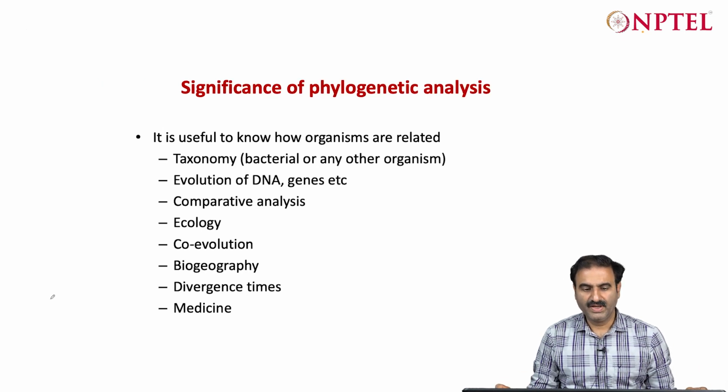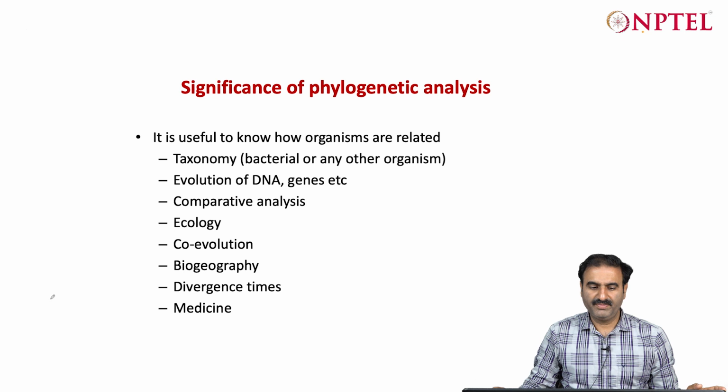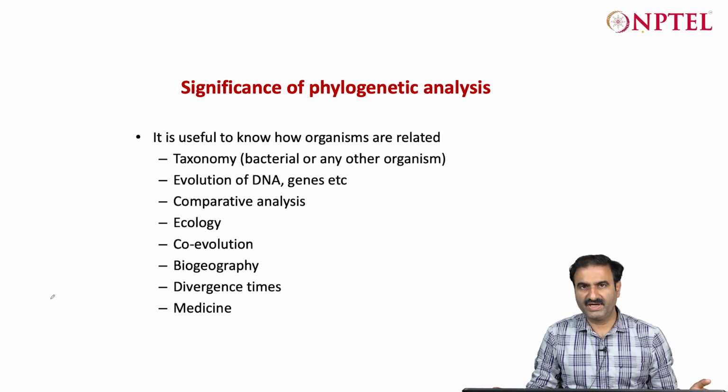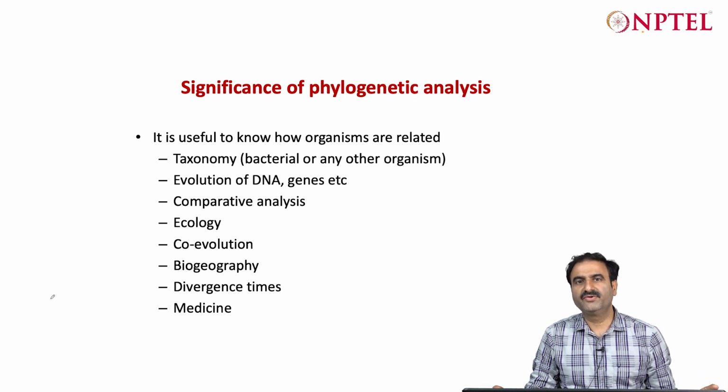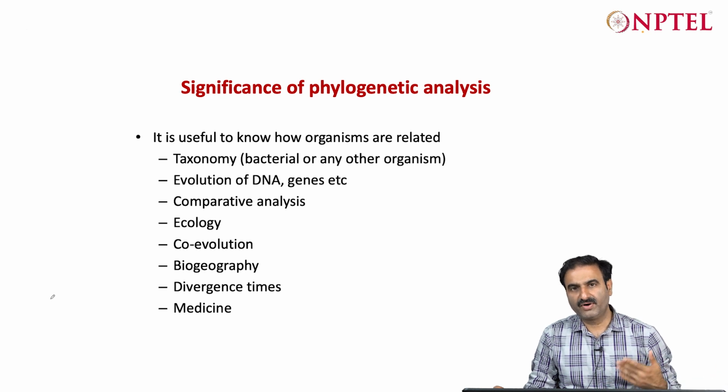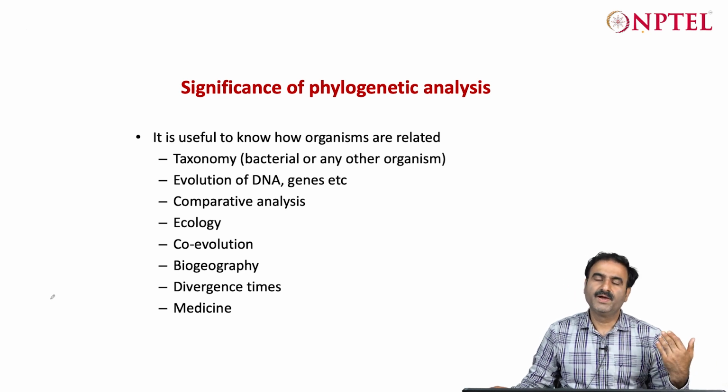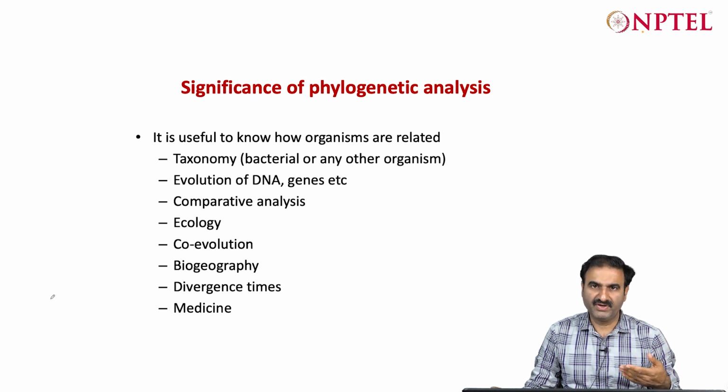It is very important. Taxonomy is one of the aspects we discussed to study evolution. We can see how a particular species evolved in the context of its related species. It could be blue peacock versus green peacock, or it could be Bacillus subtilis versus Bacillus thermophilus or cereus, and like that, right?